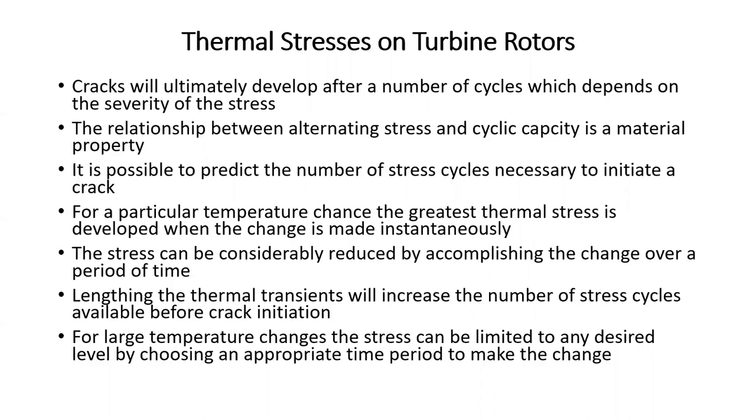And so they know the temperature where they are, they know what they're going to go to, so they know the delta T that the transient is going to cause. And then it's a question of how long is it going to take them to initiate that transient. And of course, the bigger the delta temperature change, the longer period of time they have to take to initiate the change in order to control the thermal stresses.